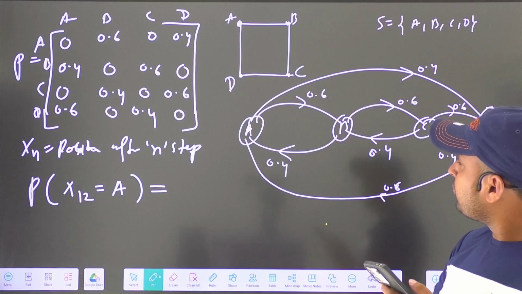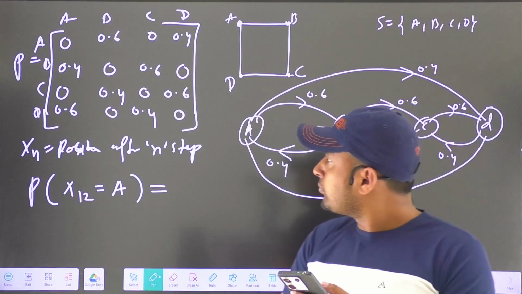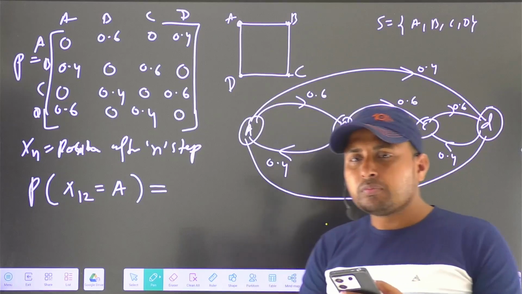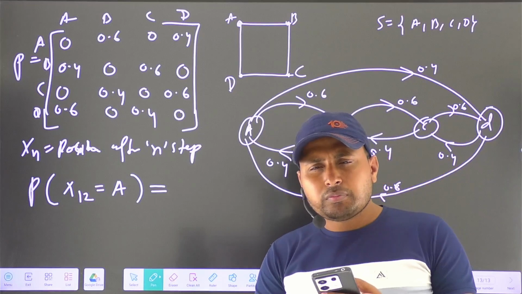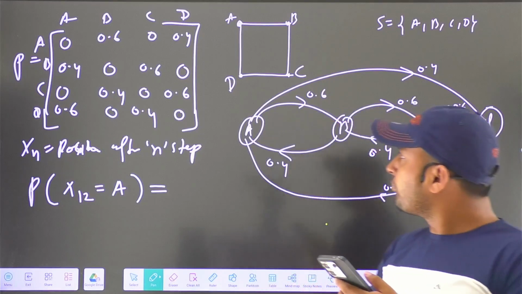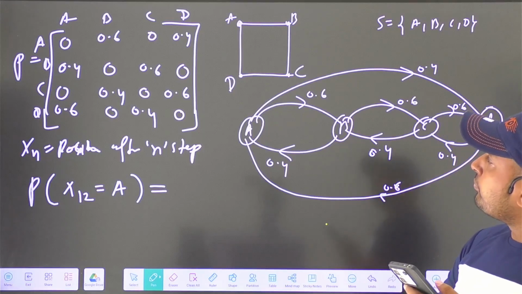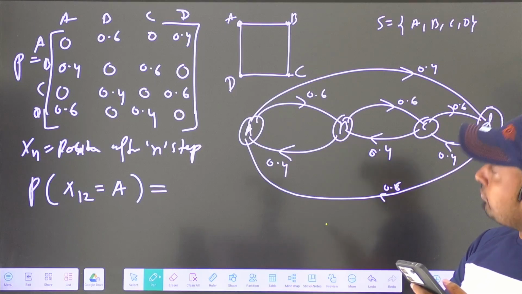But the problem is that when we find higher powers, since the values are decimals, it becomes complicated. When I found the 12th power online, from Wolfram, the correct value was 1 by 2. So I got it, but that calculation is too heavy.